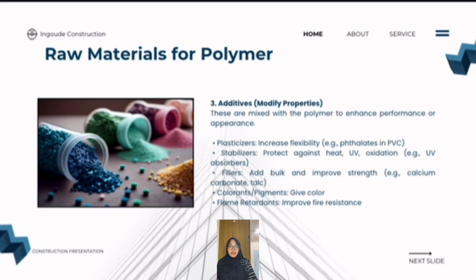In some processes, solvents are also used to help with mixing and reaction control. As sustainability becomes more important, manufacturers are also exploring renewable feedstocks, for example, using sugarcane instead of crude oil to make polyethylene.